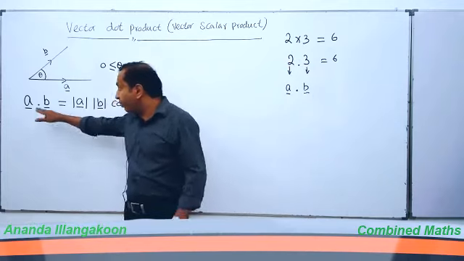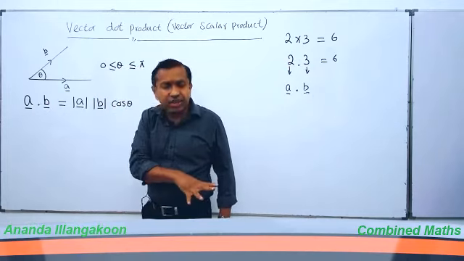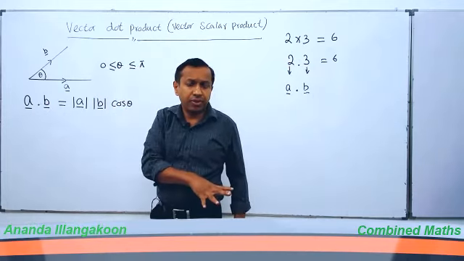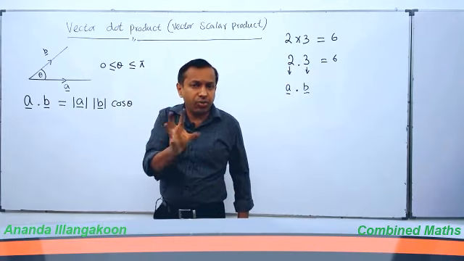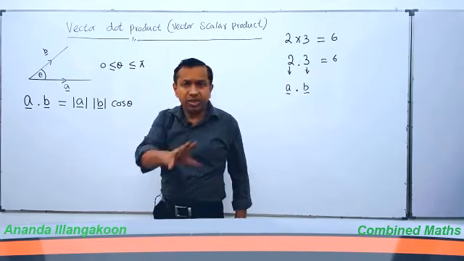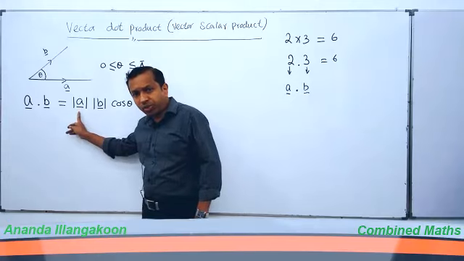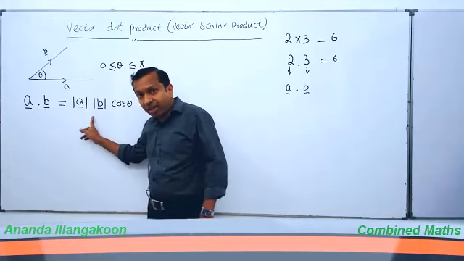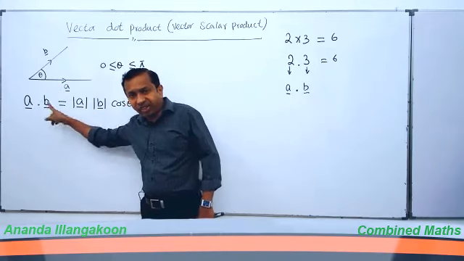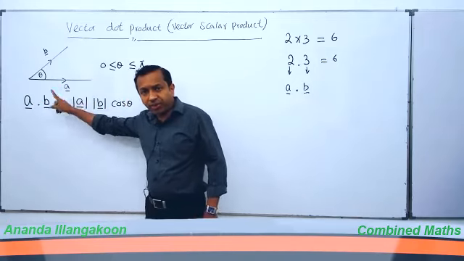First accept this way: when we write the dot product between two vectors A dot B, its answer is given by modulus of the first vector multiplied by modulus of the second vector multiplied by cos theta.